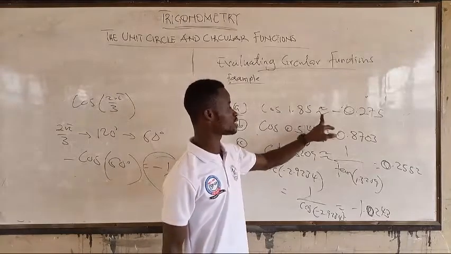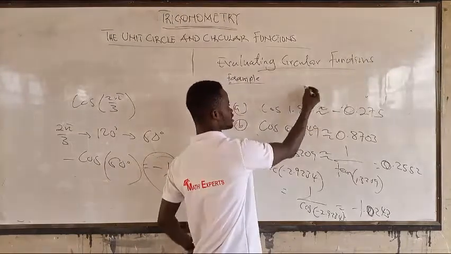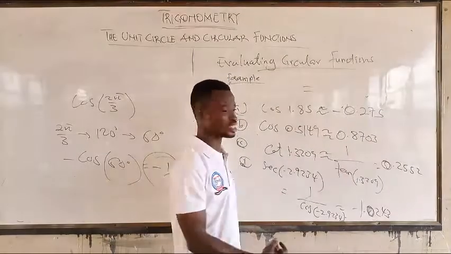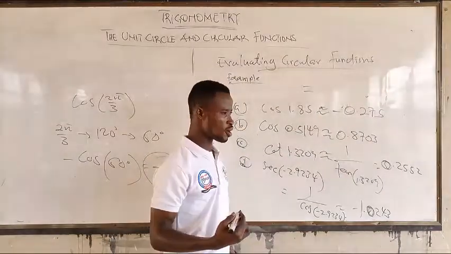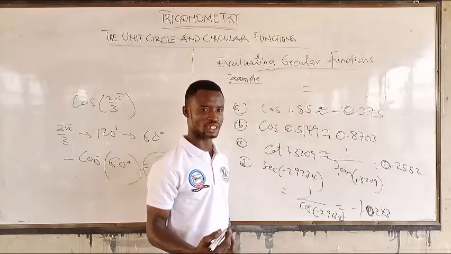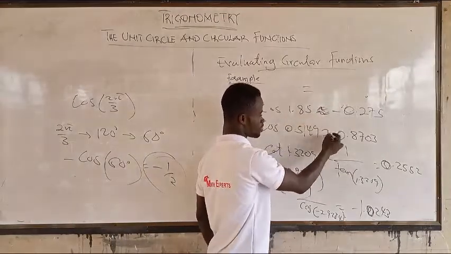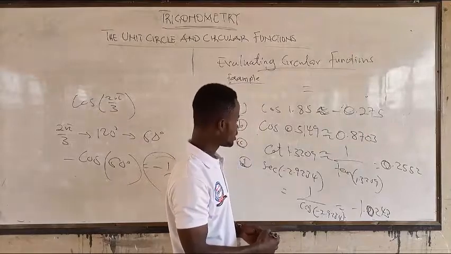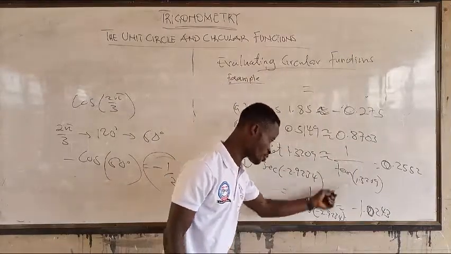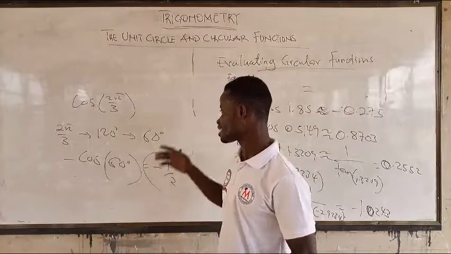Just point this, then you write, but here we don't write equals because this is an approximated value. It's always advisable to leave it in 4 decimal places. So this is approximately, with that approximation sign. So that is that for this one.